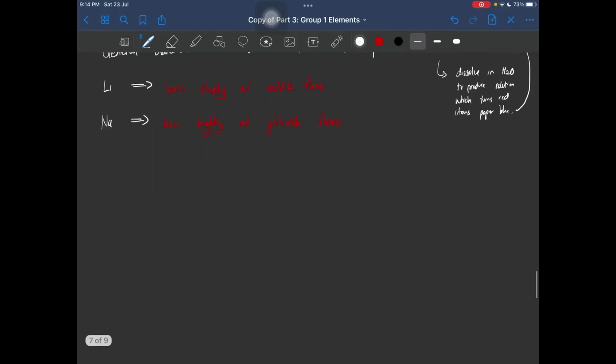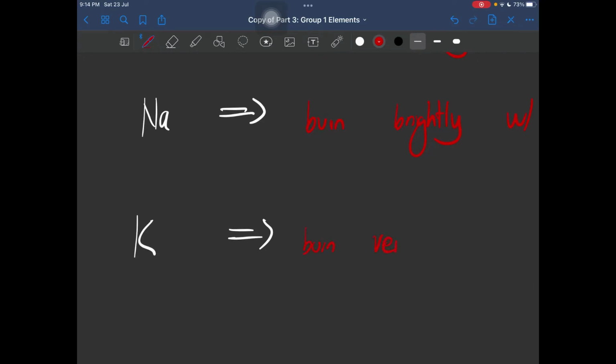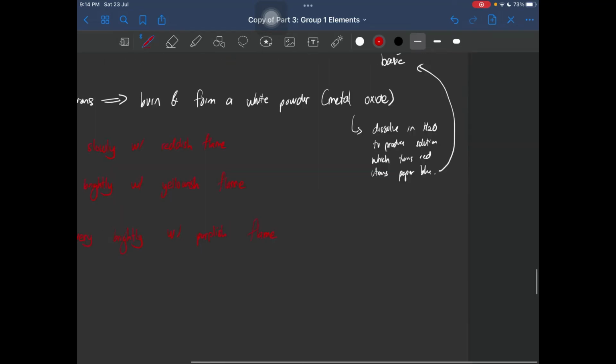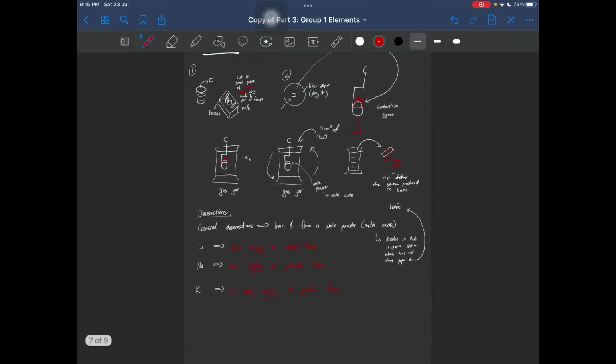Next you have potassium. What's going to happen to potassium? Well, potassium is more reactive than both sodium and lithium, so it will burn very brightly with a purplish flame. It is the most reactive one, so it will burn the brightest with the brightest flame.